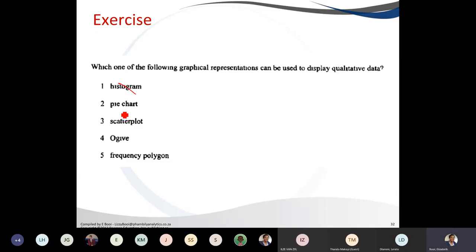We never talked about histogram. Yes, we did talk about the pie chart. We never spoke about a scatter plot, an ogive, or a frequency polygon. We introduced the concept of frequency polygon with a Pareto, but we never said it is a frequency polygon. So the correct answer will be a pie chart.